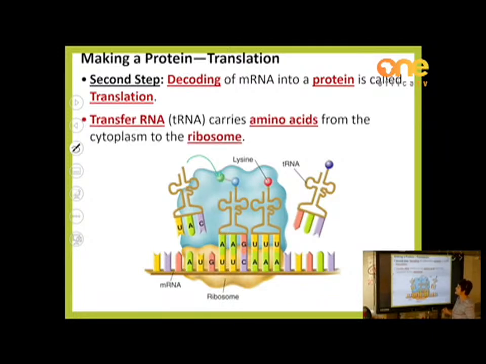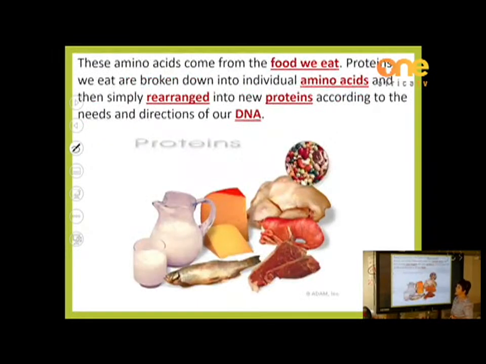The tRNA carries amino acids from the cytoplasm to the ribosome. It will attach to a specific 3. These specific 3 will be called a codon of mRNA attached to an anticodon on the tRNA. So where did these amino acids come from? That is now in the cytoplasm. That came from the proteins that I ate.